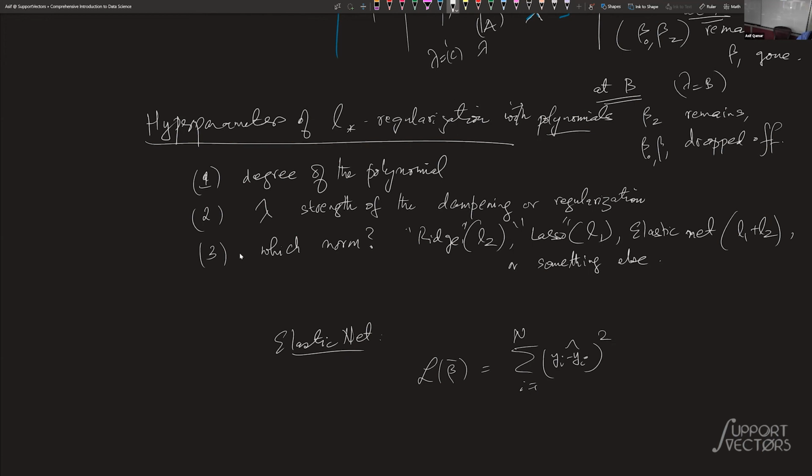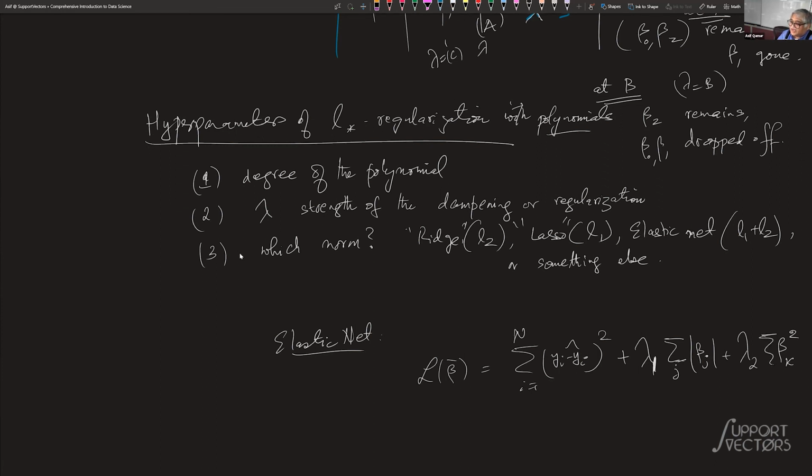This is a given, right? Sum squared error we are not touching. But you have lambda 1 for the absolute value of beta plus lambda 2 for the sum of square values of beta.